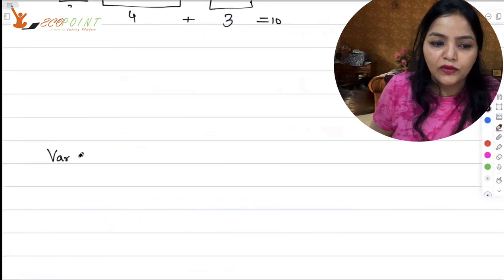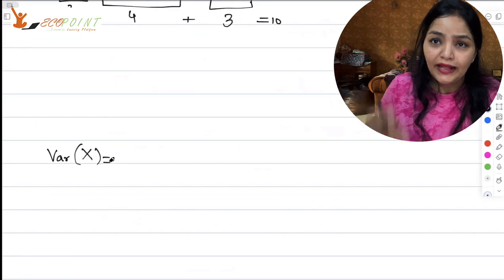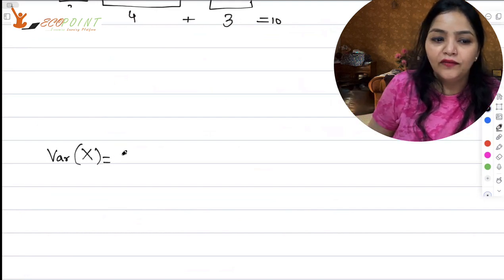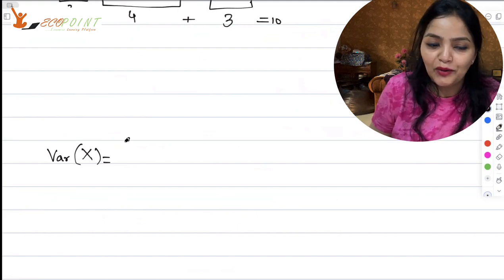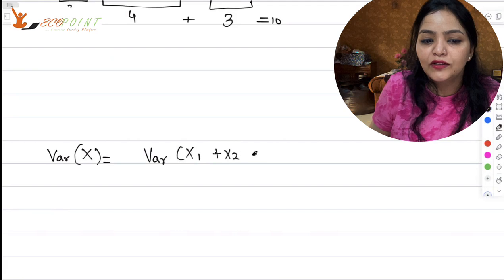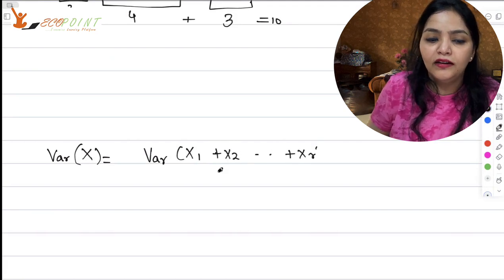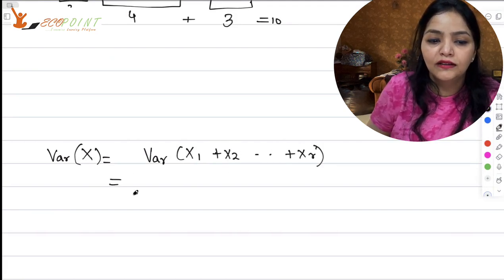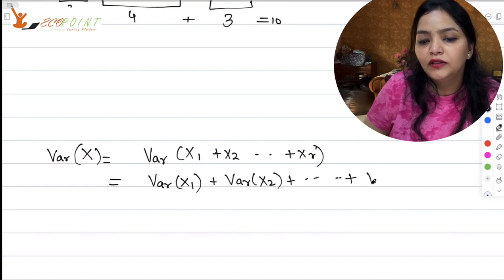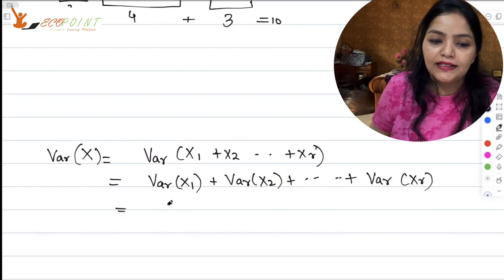Now, if you've understood the concept that my X is nothing but I can break it up as r independent geometric random variables, that's what negative binomial is. So your variance is the variance of X1 plus X2 till Xr. Therefore, it is variance of X1 plus variance of X2 plus so on and so forth till variance of Xr.